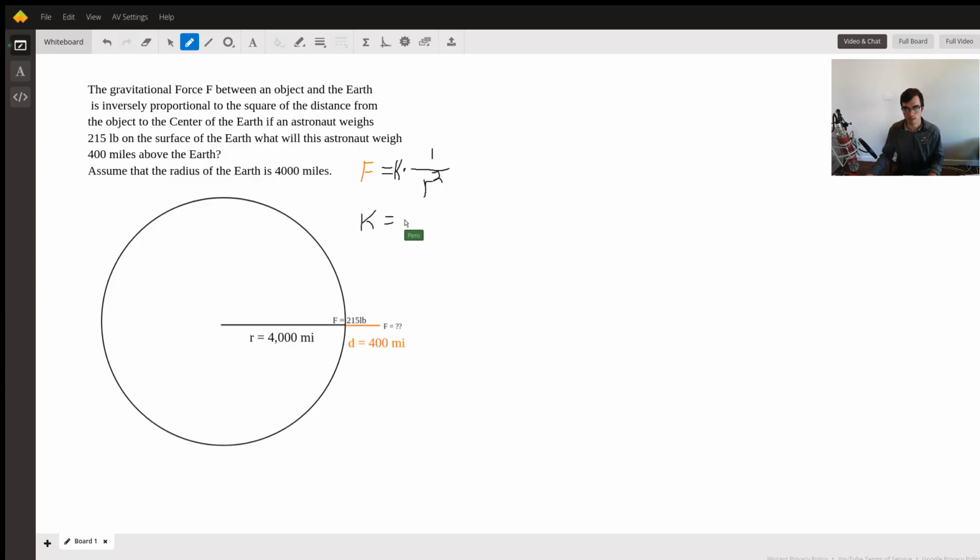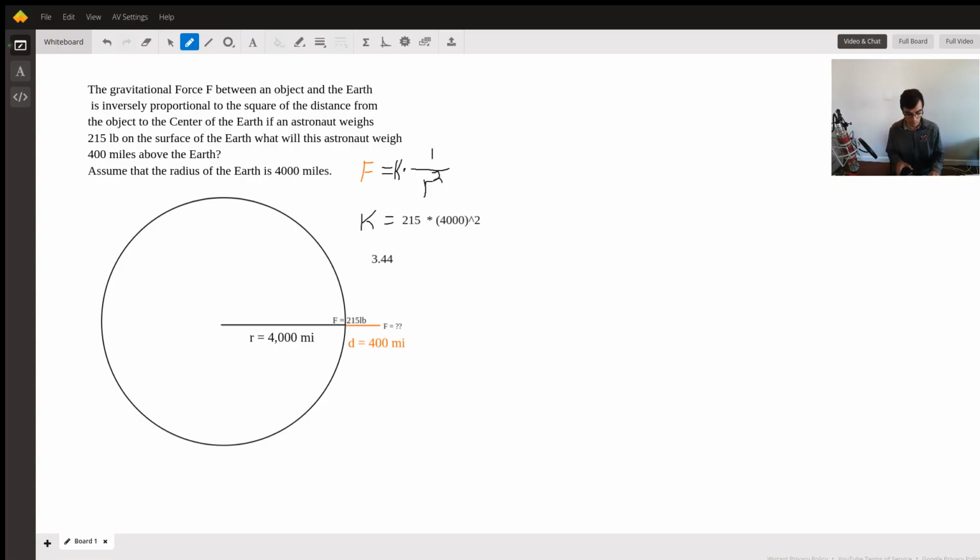And I'm just going to type this out because it's going to be a bit neater. 215, which is our force, multiplied by the radius of the Earth squared, which is going to be 4,000 to the power of 2, 4,000 squared. What we will find if we use a calculator to calculate that value is the number, and it's a fairly large number, so I'm just going to use scientific notation.